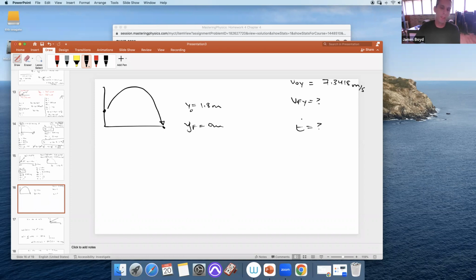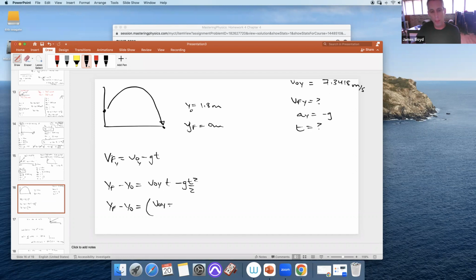And A of Y is negative G. So we have V final is V initial minus GT for Y. And we have Y final minus Y initial is V naught of Y T minus GT squared over 2. And we have Y final minus Y initial is V naught Y plus V final Y over 2 times T. And the final one we have is V final squared minus V initial squared is minus 2G times Y final minus Y initial.